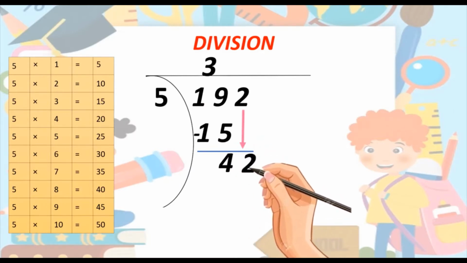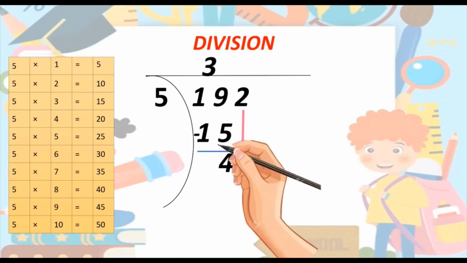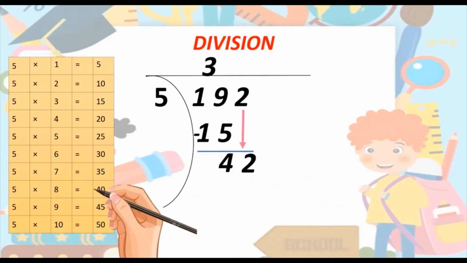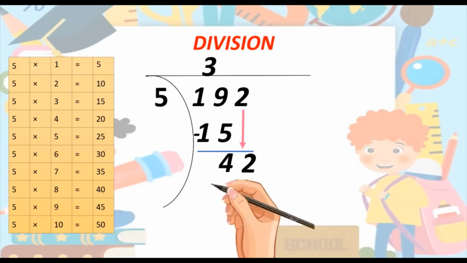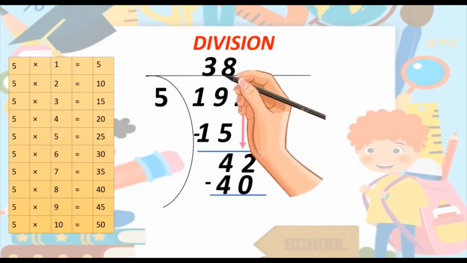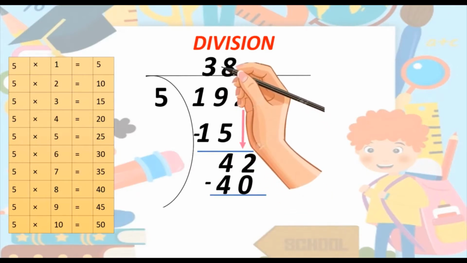We bring down the next digit 2 and it becomes 42. Again we recall the table of 5 and find a number less than and nearest to 42. It is 5 8s are 40.